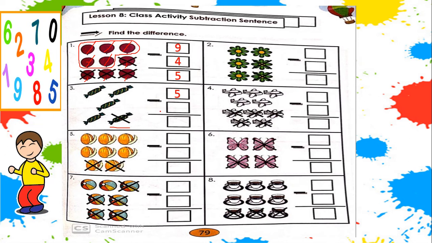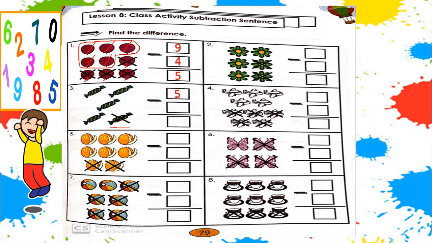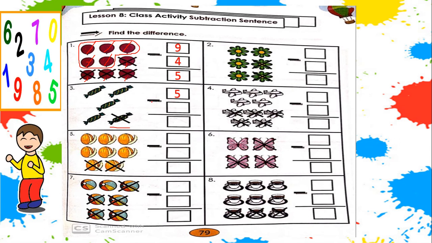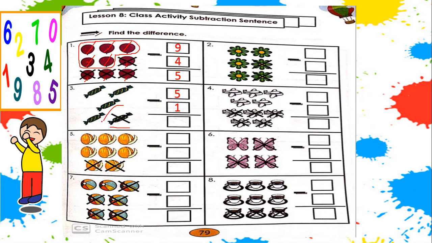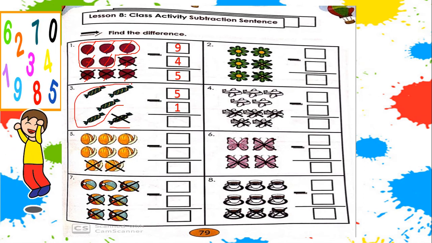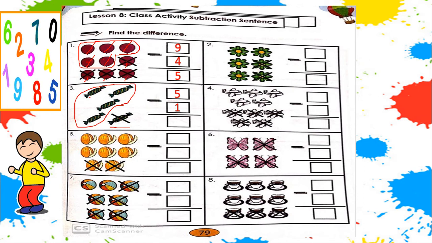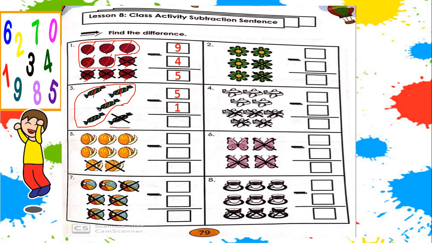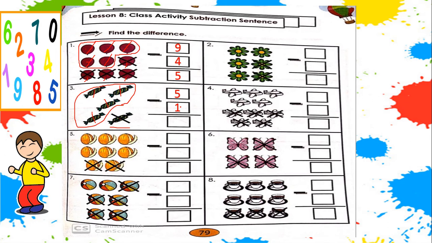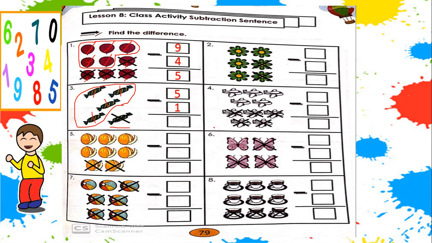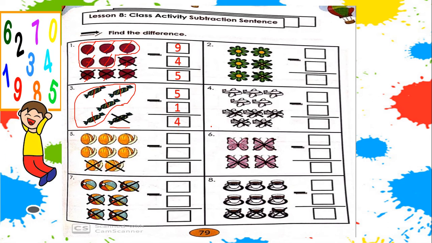So this time, we can say that 5 minus 1. Okay. And let's count the objects that are left. So these are the objects that are left. We have 1, 2, 3, 4. So 5 minus 1 equals 4.